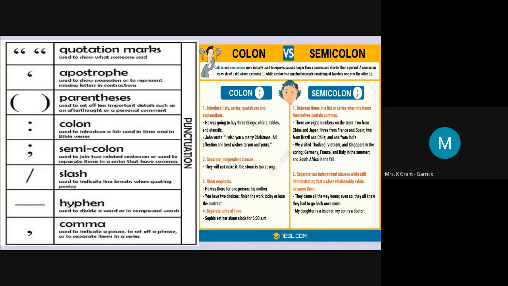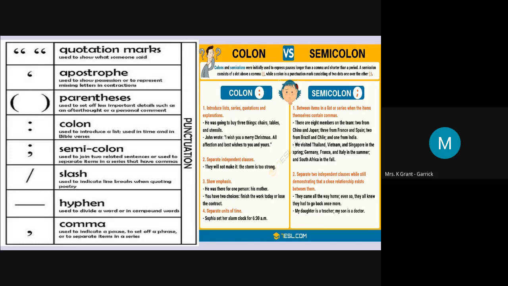So notice the semicolon there. We visited Thailand, Vietnam, and Singapore in the spring; Germany, France, and Italy in the summer; and South Africa in the fall. So we have the extended idea there.